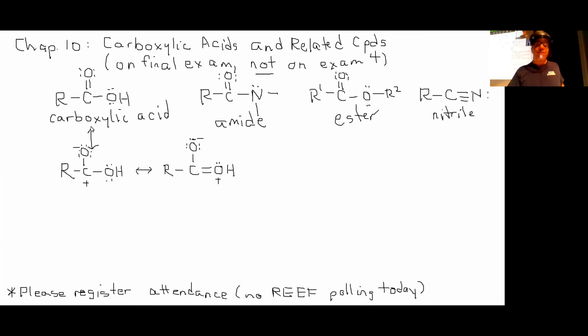So that means that carboxylic acids, and you could draw similar resonance forms, by the way, for amides and esters, but it means that these three types of compounds are less reactive to nucleophiles than aldehydes and ketones are. They still react, but less readily, not as quickly.